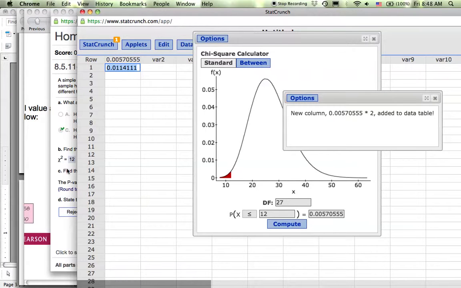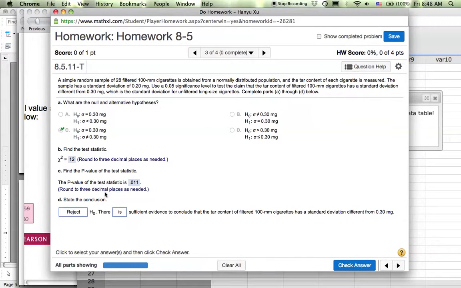If you round to 3 decimal places, that's 0.011. Because this is smaller than alpha, you will reject H0.